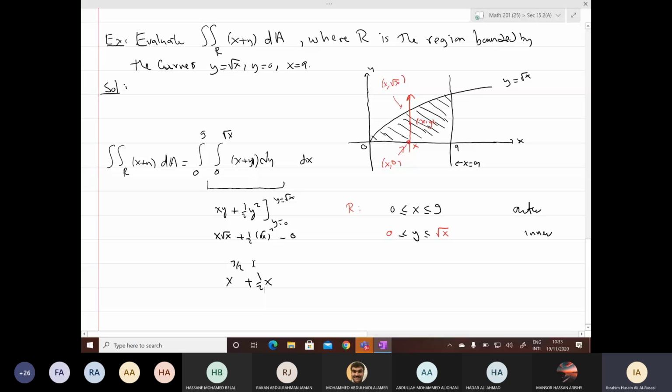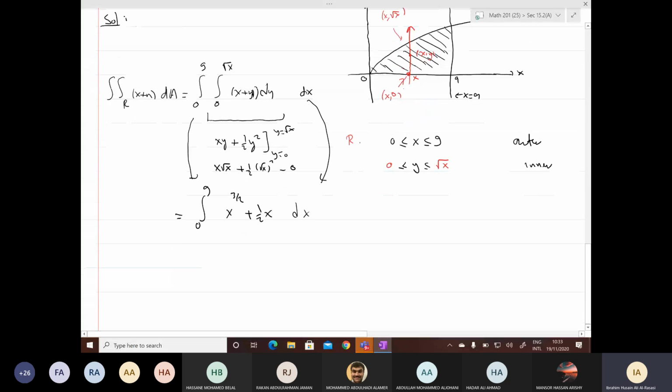After evaluating it, I bring down the outer integral. So this is the integral from 0 to 9, with differential dx. And this is a simple integral from Math 101, Math 102. This is x^(5/2) times 2 over 5 plus 1 over 4 x squared, from 0 to 9.